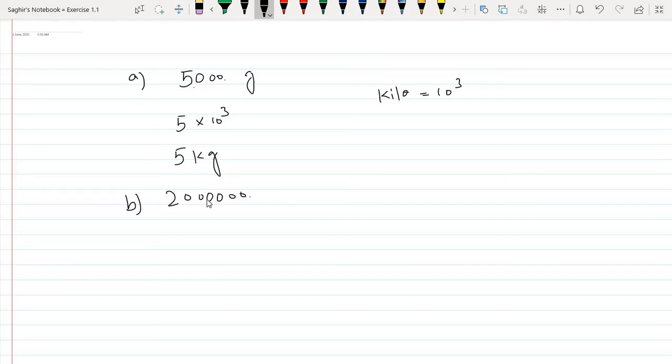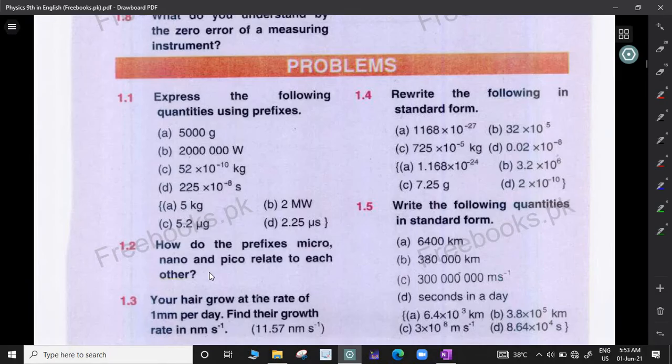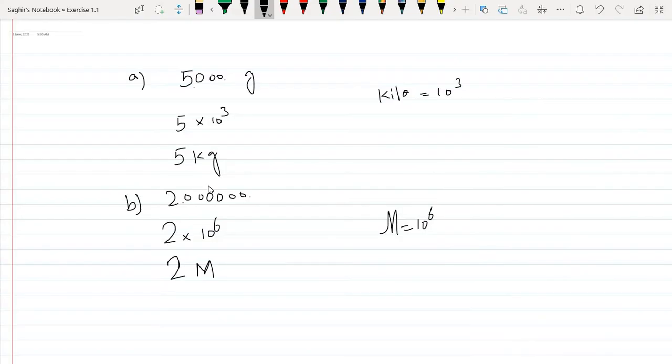When we shift the point to the left side, right to left, there are 6 zeros. So here I can write 10 raised to power 6, as 10 raised to power 6 is equal to mega, M is equal to 10 raised to power 6. So here I can write 2 M, and there is watt here. So here I write watt, megawatt. Watt is a unit, mega is a prefix.